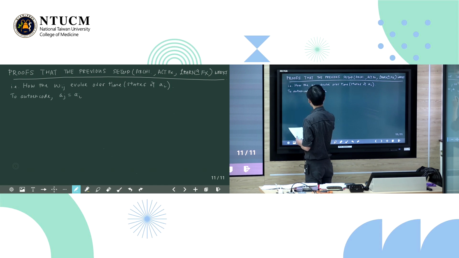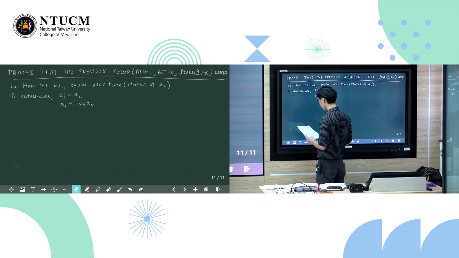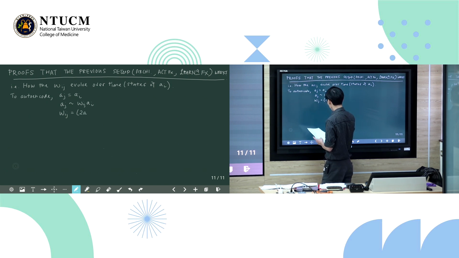We know that AJ is a function of this AI and this Wij, where Wij is equal to (2AI minus 1)(2AJ minus 1).